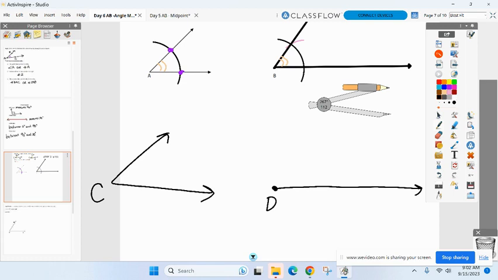You have 2 brain cells that are over here. I need this compass to work.